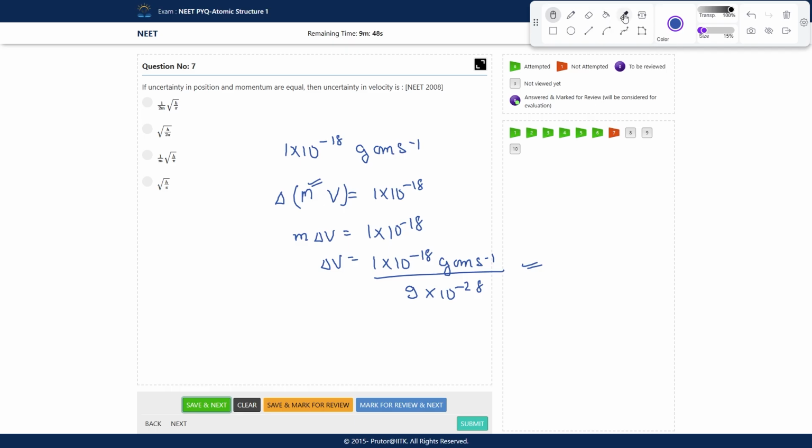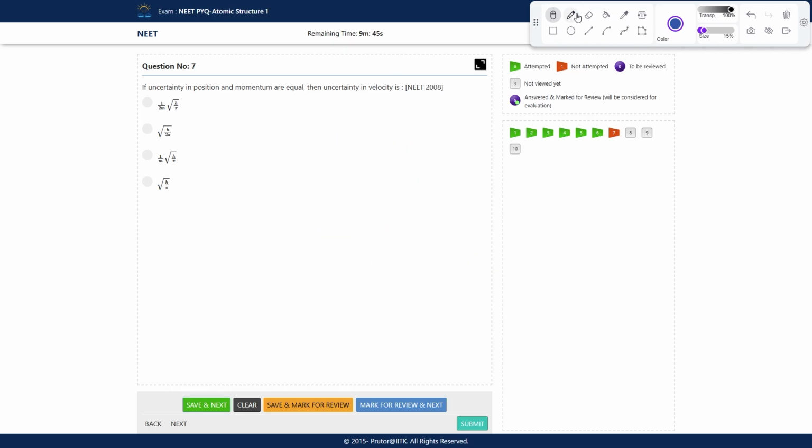So our next question is, if uncertainty in position and momentum are equal, then uncertainty in velocity will be. So this is a very good one to solve. It is written that you have to take both the position and momentum uncertainty as the same.